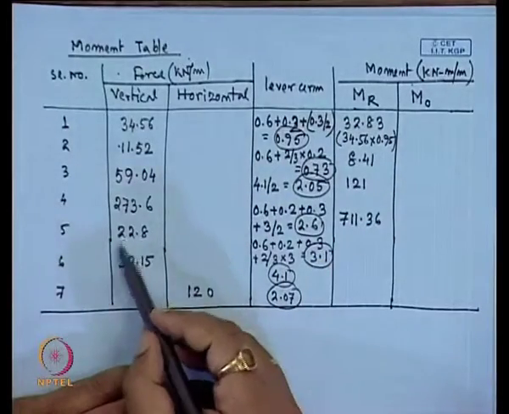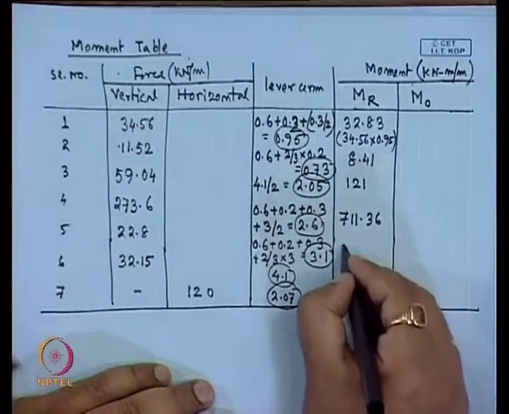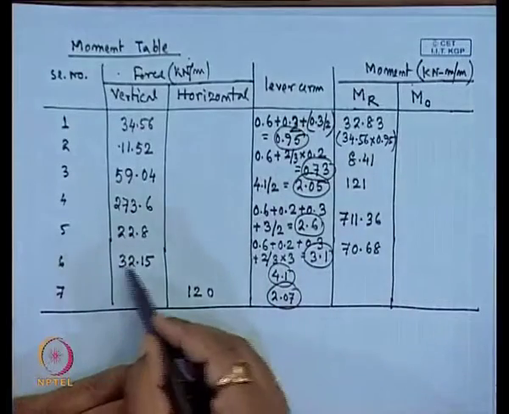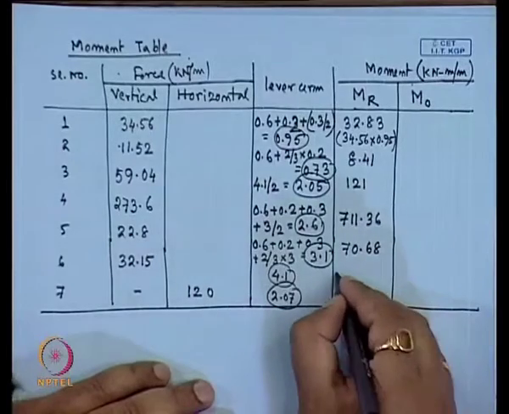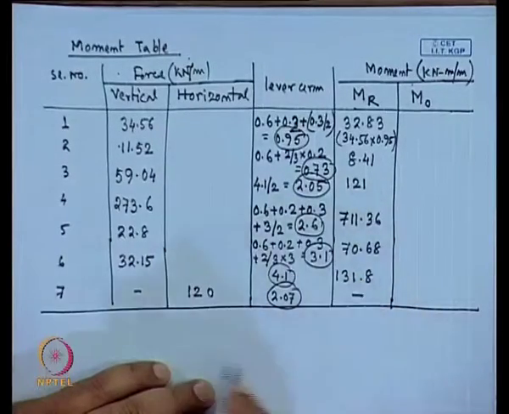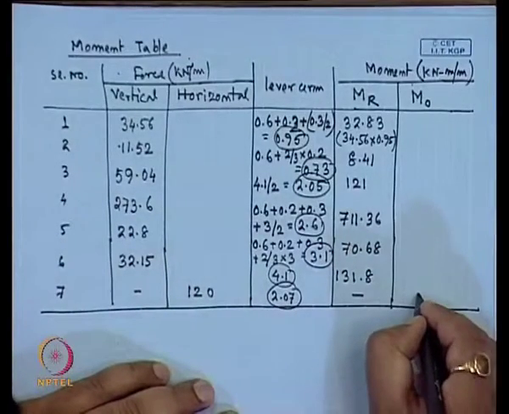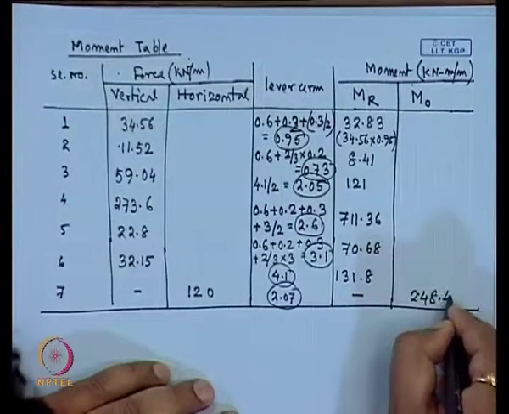The fifth one is 22.8 into 3.1, so this will give 70.68. The sixth one is 32.15 into 4.1, so this will give 131.8. And the seventh one is 120 into 2.07, so that will give 248.4.